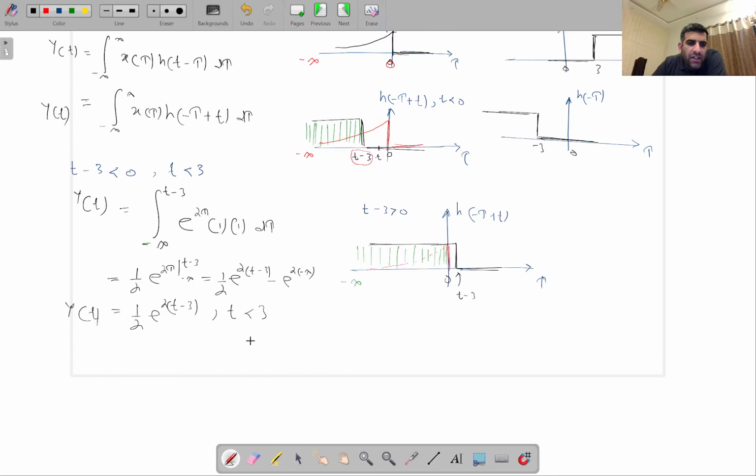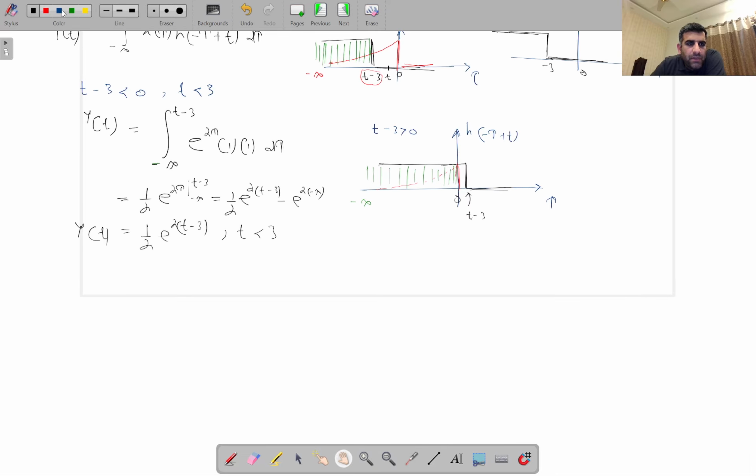So let's compute the remaining part. So now for t minus 3 greater than 0, or t greater than or equal to 3, y of t is from minus infinity to 0. That is where the overlap is, minus infinity to 0, and then the same thing, e raised to power minus 2 tau d tau.